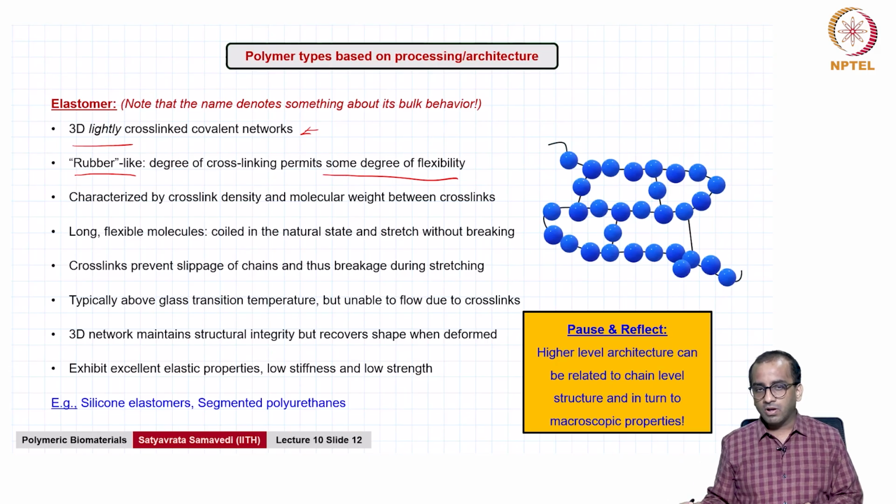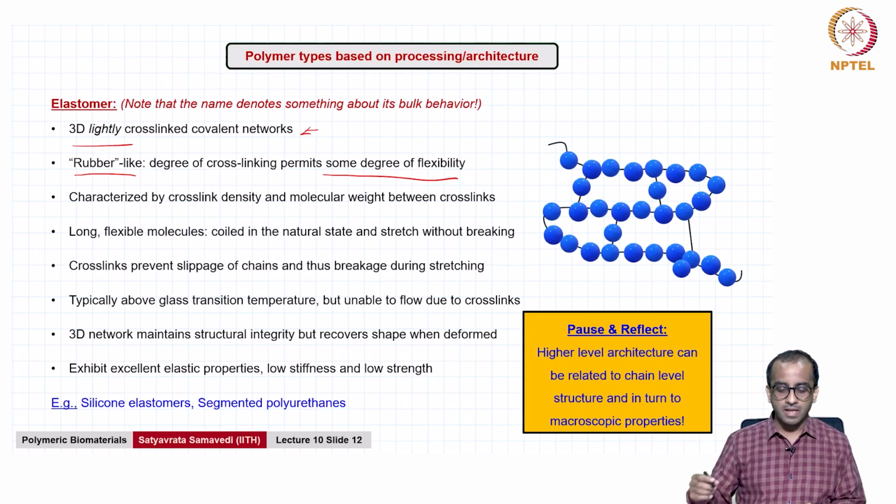These are what would be called materials that have localized mobility and overall structural stability or rigidity. So you can have localized movement, but overall the structure will not give way because the crosslinks prevent slippage when you pull apart the polymer.